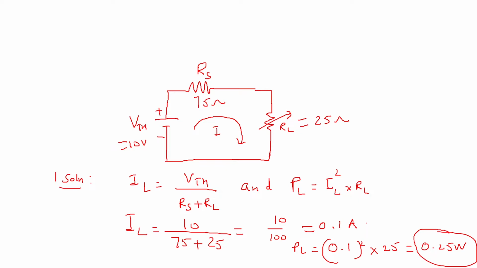This was one example showing how to find the power delivered to the load. Then we'll see the experiment on maximum power transfer theorem, which we have to do in the lab.